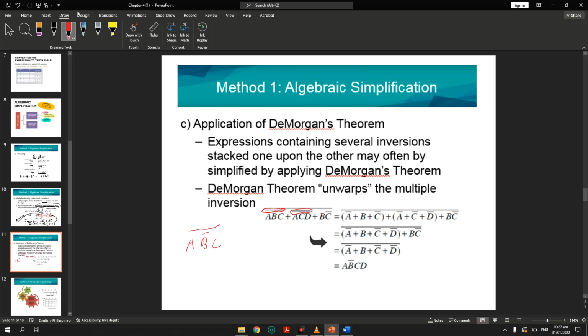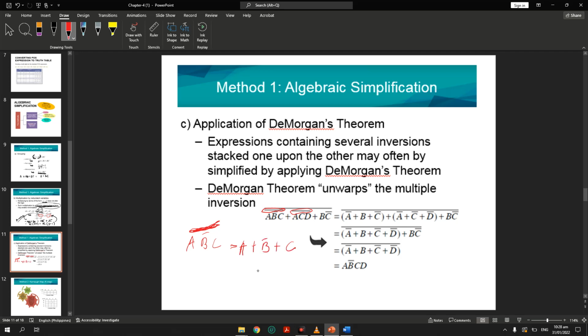So we will break this bar, and we have to change the sign. From our theorem, this is multiplication, then we will change this into addition. So it becomes A complement plus B complement complemented plus C complement.